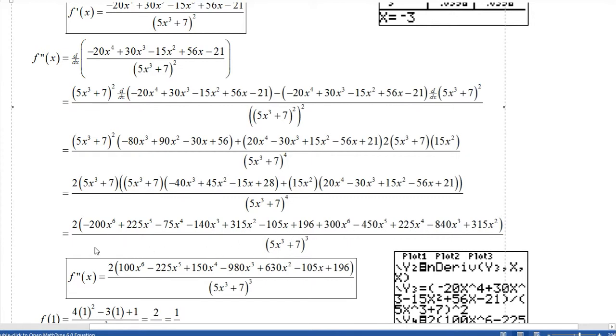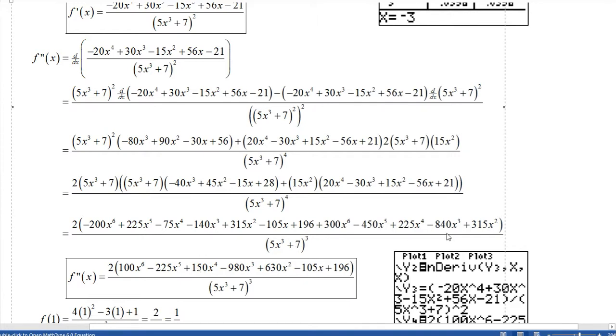Now combine like terms in the top. 300x to the 6th minus 200x to the 6th is 100x to the 6th. 225x to the 5th minus 450x to the 5th is minus 225x to the 5th. Negative 75x to the 4th plus 225x to the 4th is 150x to the 4th.